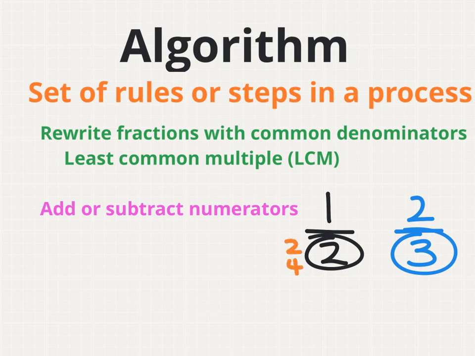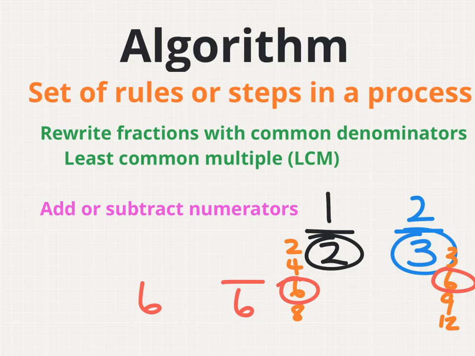We made a list of all the multiples, and then we looked for the lowest number on each list. When we found that number, we knew that needed to be our new common denominator, and we rewrote our fractions. They're equivalent values. They're still the same value. They just look different because we've changed the size of the denominator.